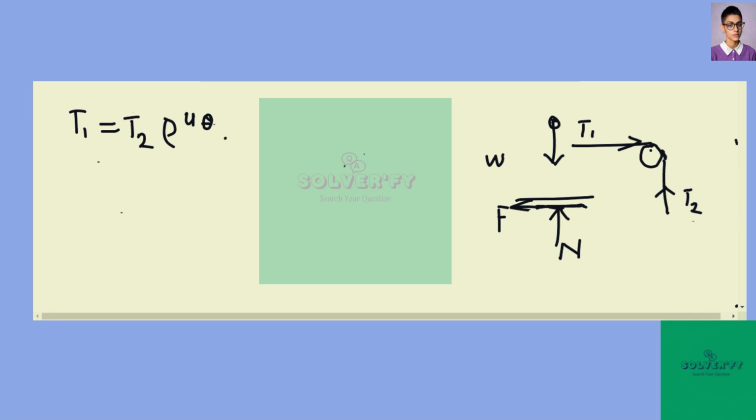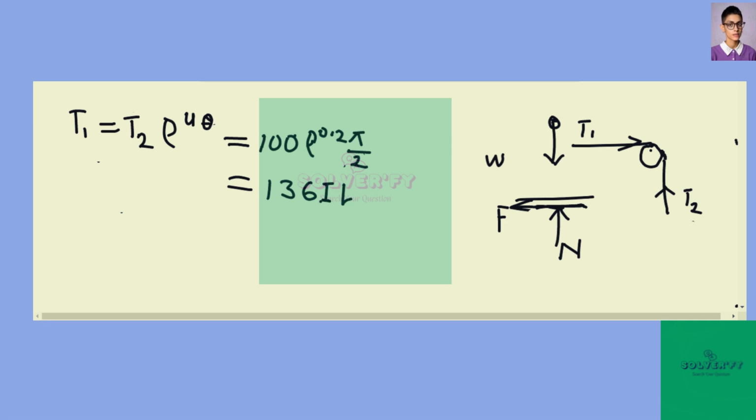So when we plug in our values, T2 is given as 100 lb, mu is given also as 0.2, and the angle of wrap there is 90 degrees, which is pi over 2. When you solve this out, you're going to arrive at T1 to be 136 lb.